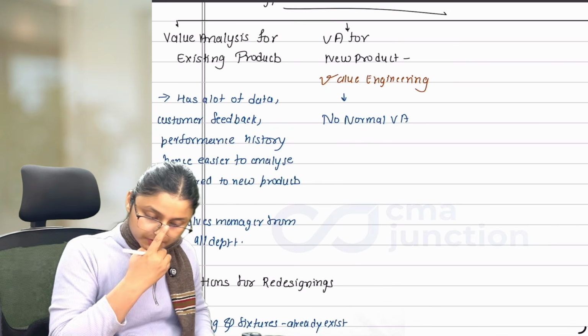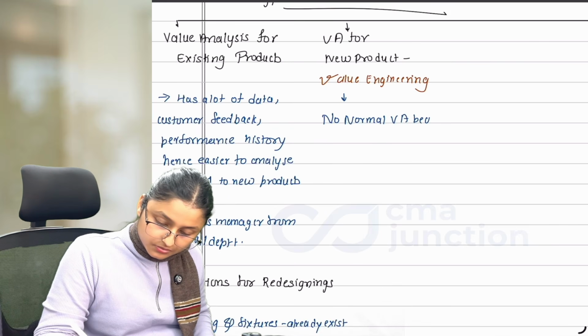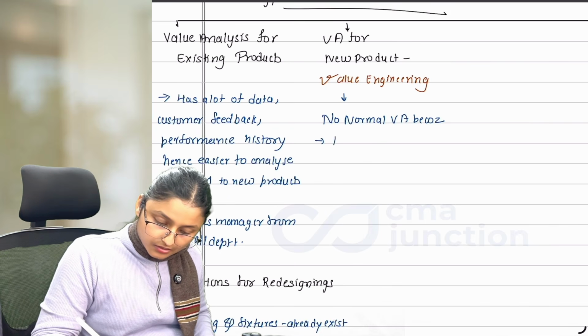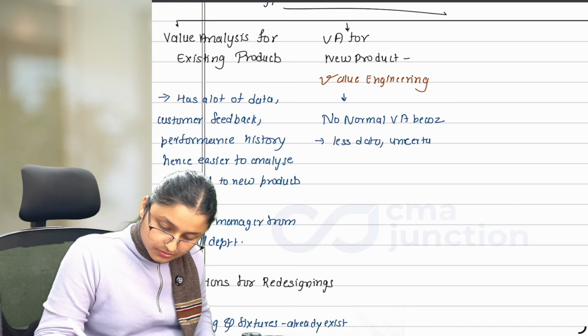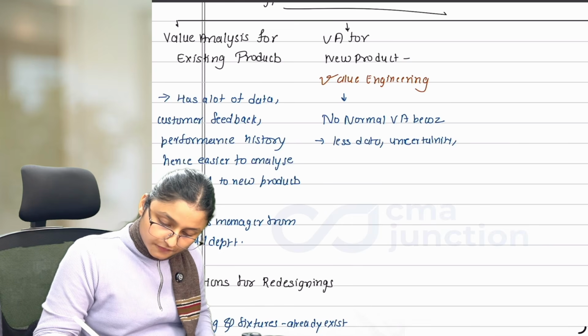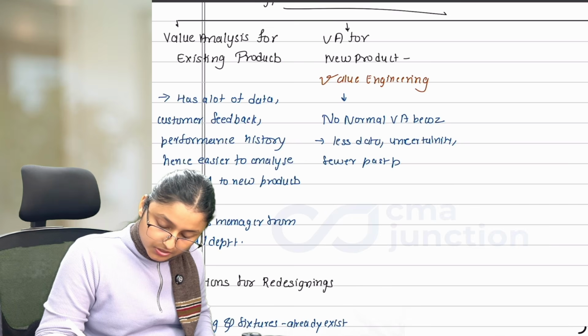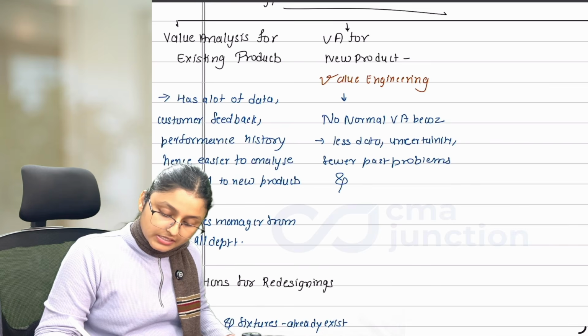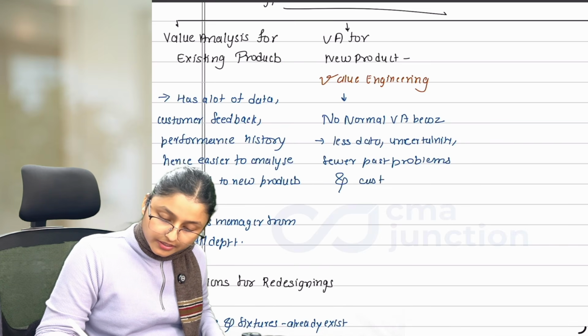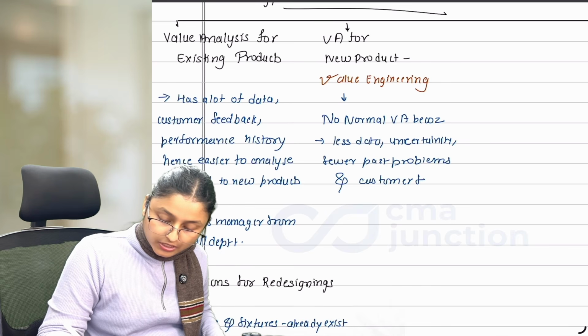Normal value analysis will not be used because of less data, uncertainty, fewer past problems and customer feedbacks. So there is less data, more uncertainty, fewer past problems and fewer customer feedbacks, and hence normal VA is not applicable here.